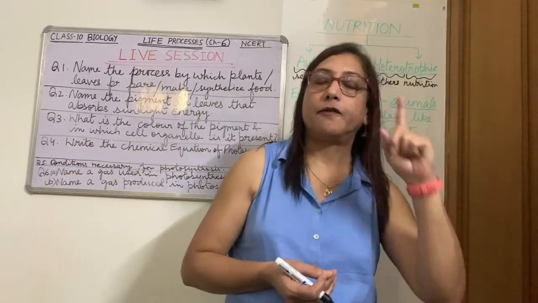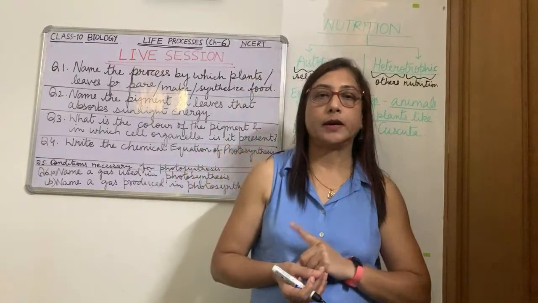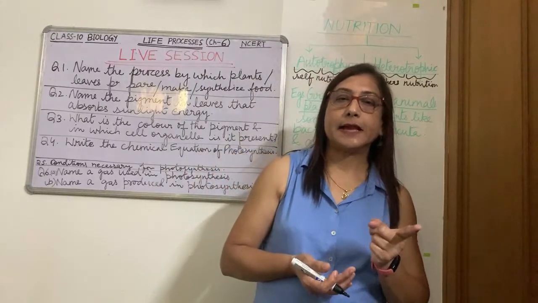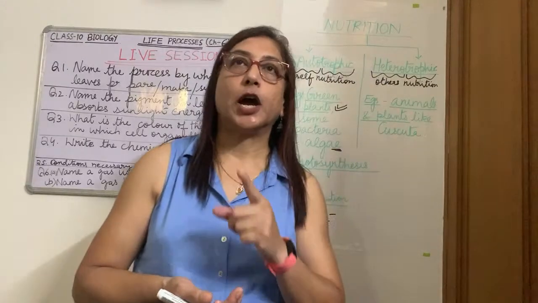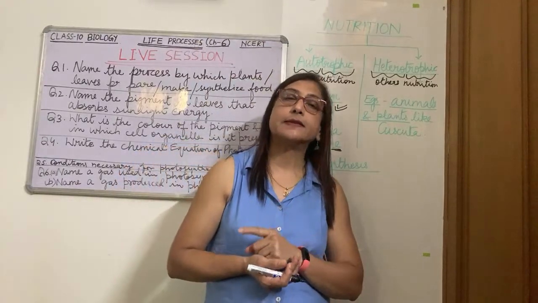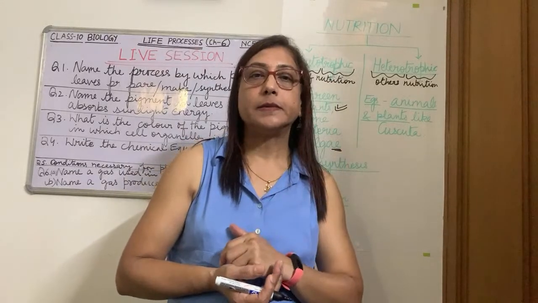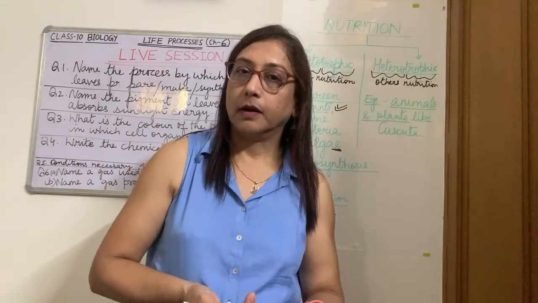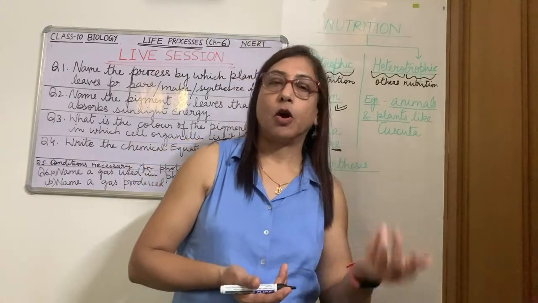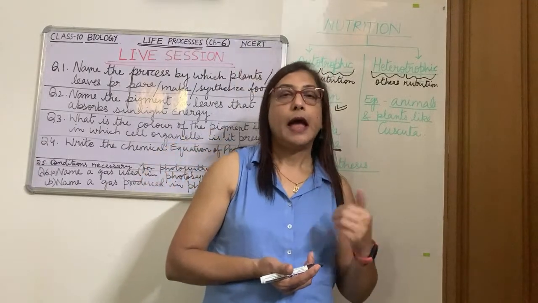Children, carbon dioxide and water are inorganic substances. Inorganic substances means those which are not organic. What are organic substances? Organic substances are those whose compounds or molecules contain carbon and hydrogen.